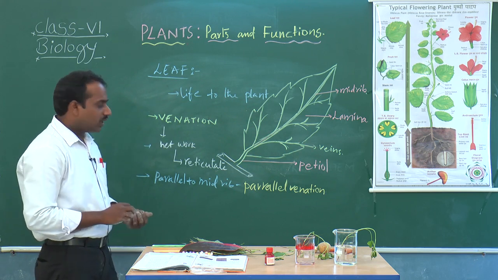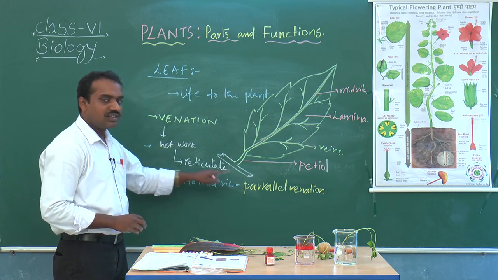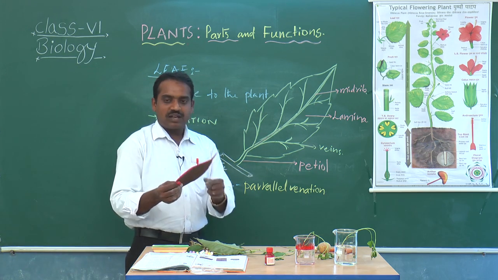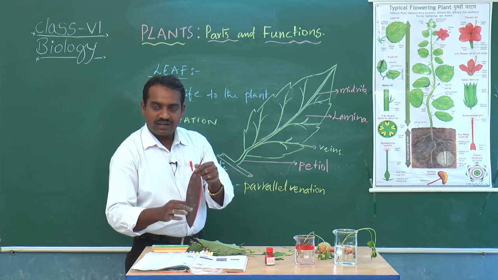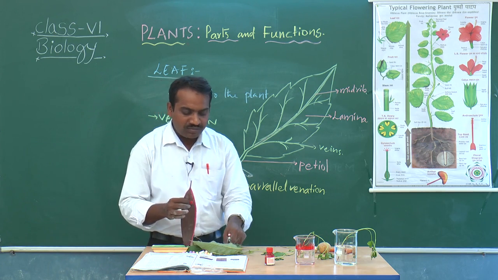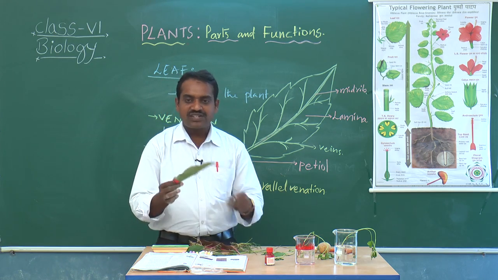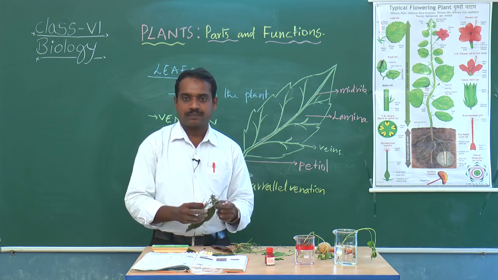Now, is there any relation between the type of venation and the type of root system? Yes. We can observe the parallel type of venation in fibrous root plants, whereas reticulate venation we can observe in taproot system plants.